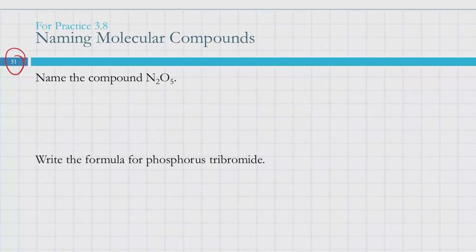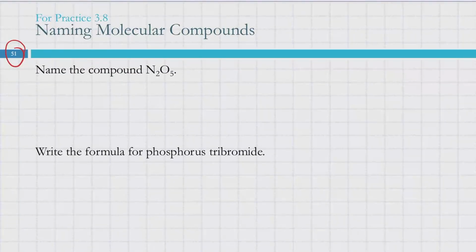Okay, some compounds that we can name. Name the compound N2O5. What's the first thing that we have? We have nitrogen. How many nitrogens do we have? Two. So we're using the prefix for two, di. So dinitrogen. What's our second thing? Oxygen. So we're going to use the base, ox. How many do we have? 5.